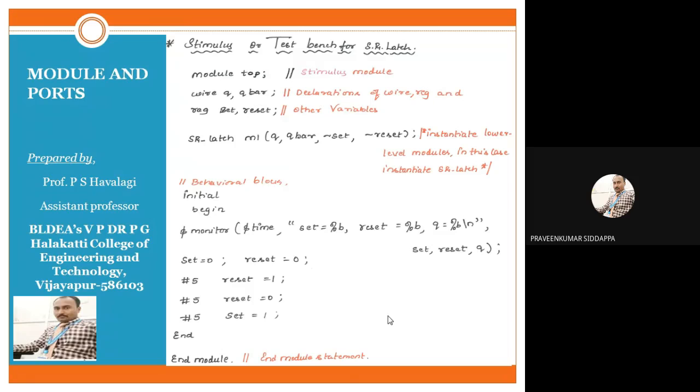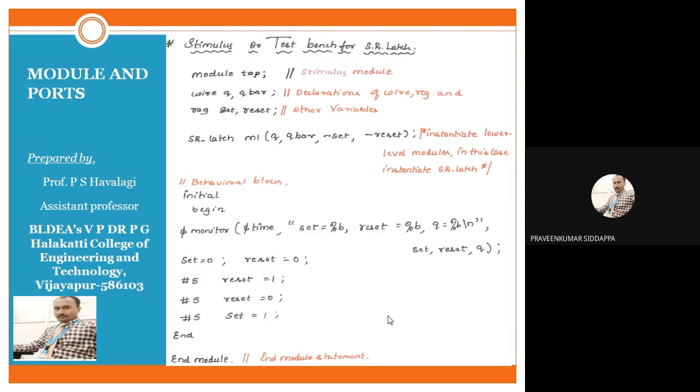If you want to check the functionality of the SR latch, then whatever code we have written, that code we should invoke. Is it clear? We should invoke that particular code, and we are applying the inputs to it.